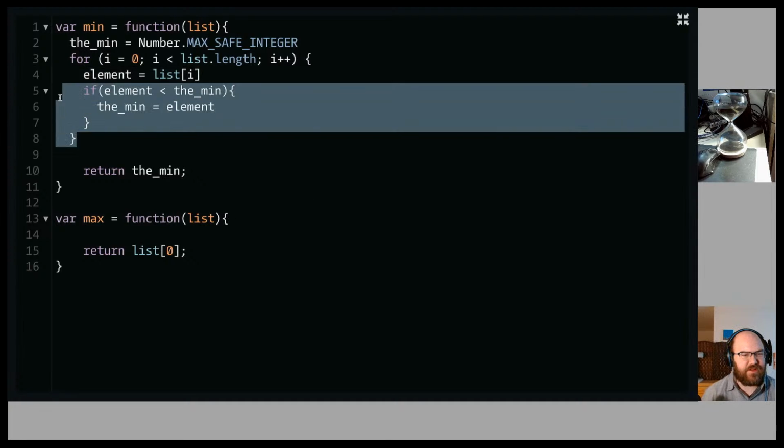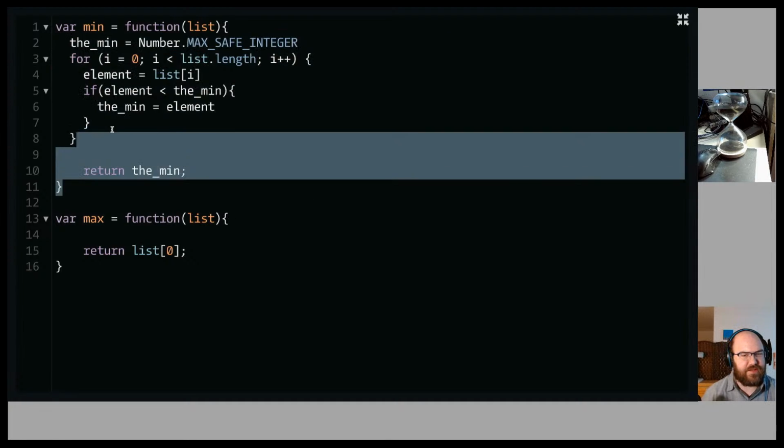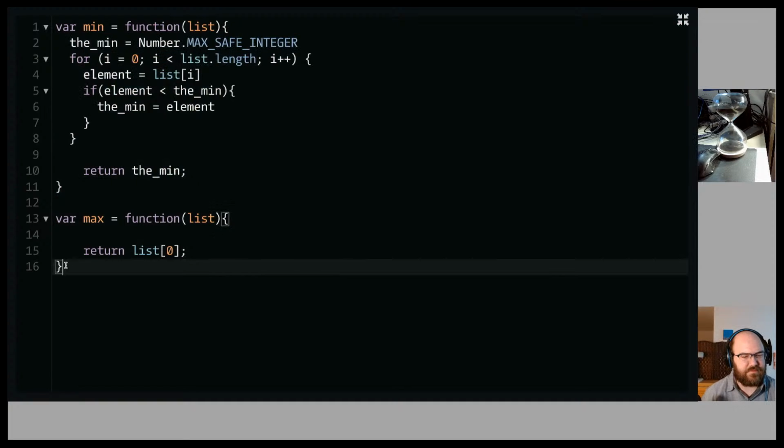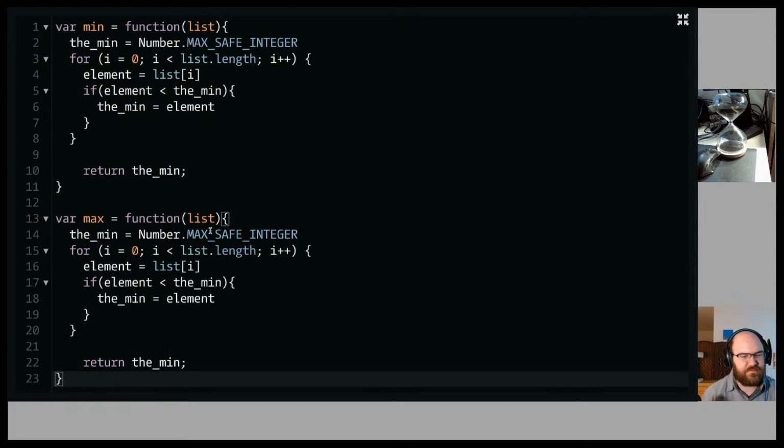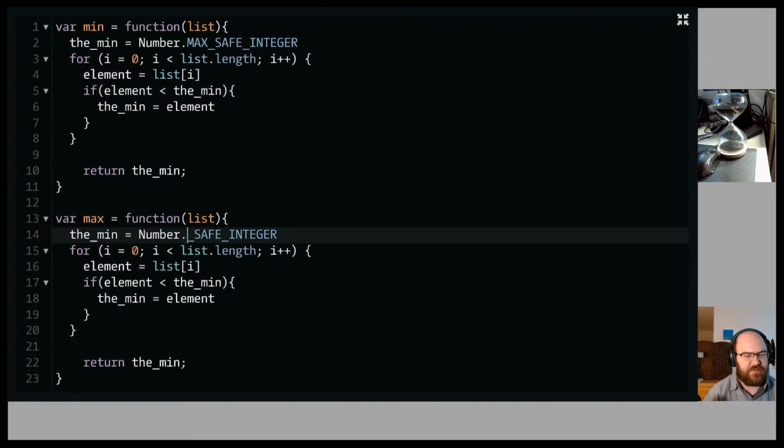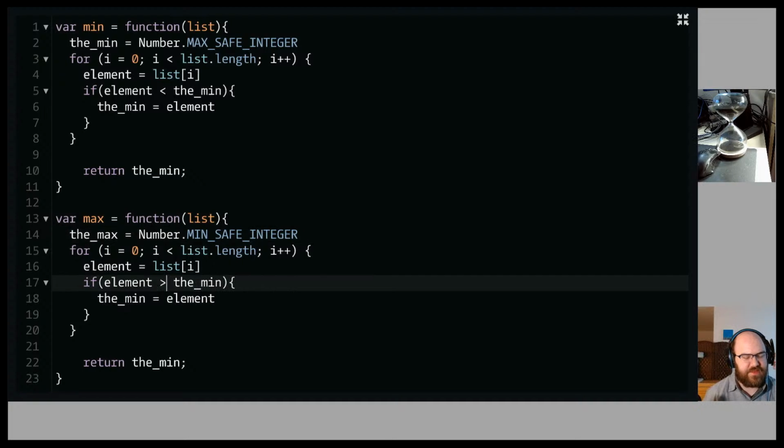I'm gonna just copy all of this code because it's a similar idea. I'm gonna assume that we can follow the same pattern here. We start with the minimum safe integer.